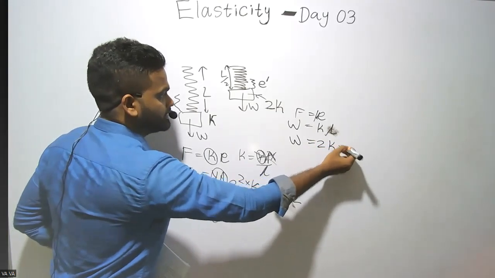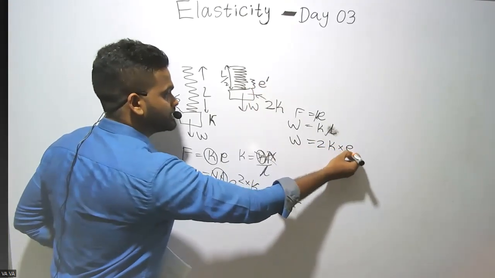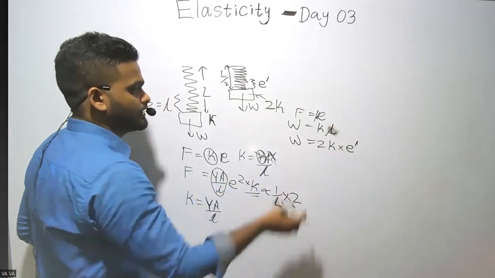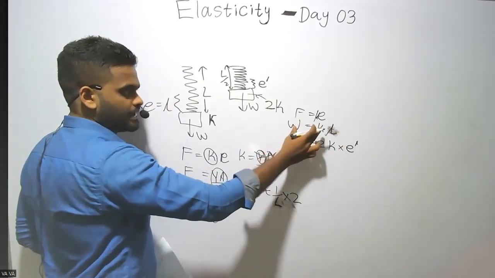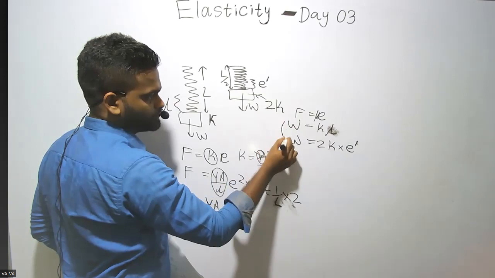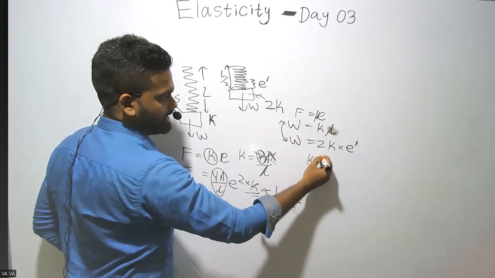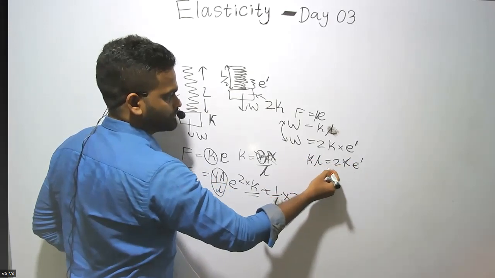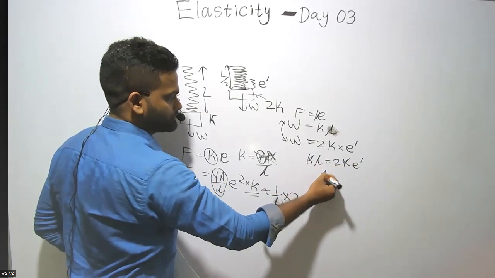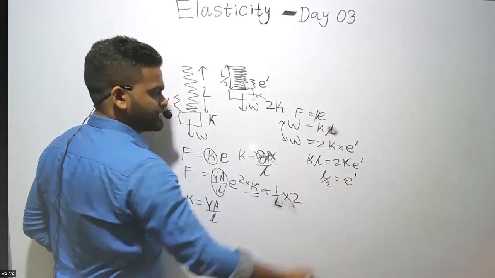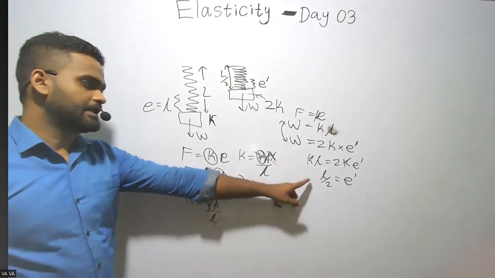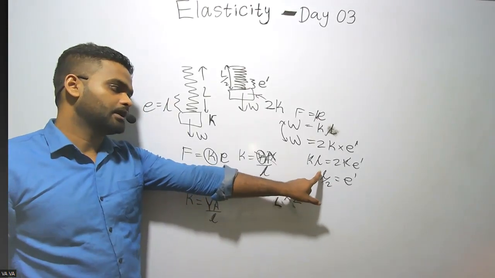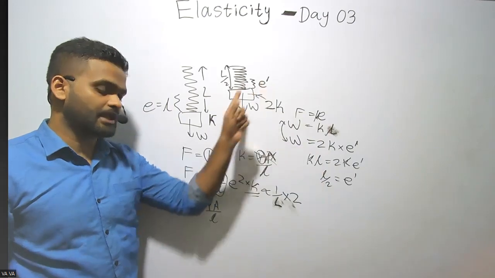Let's say the extension is E dash. Now, because both sides are the same, I can say KL equals 2K E dash. K cancels off, divide L by 2. So E dash, the new extension, is going to be L over 2.